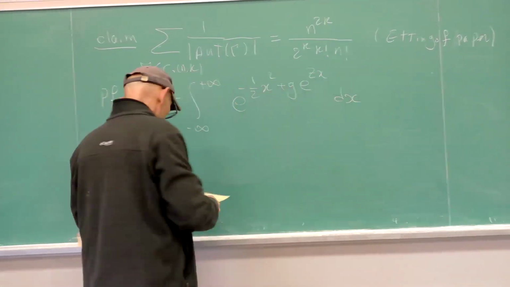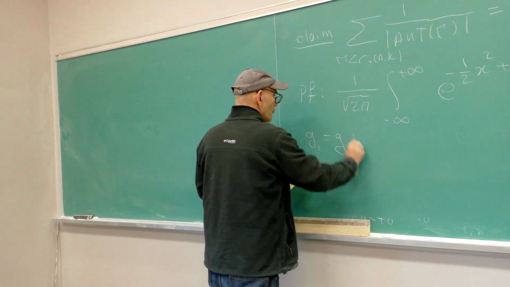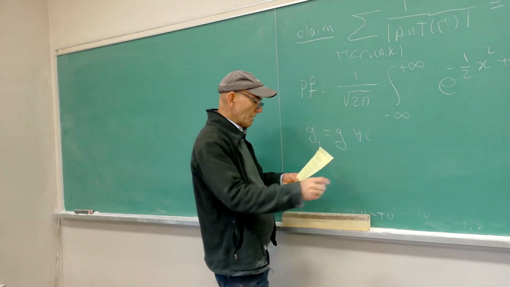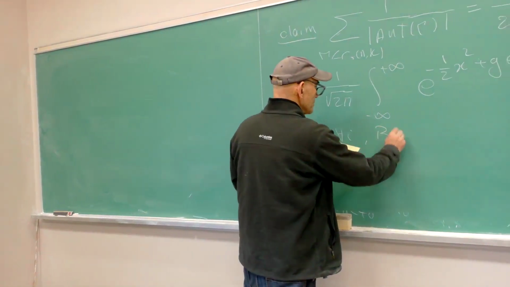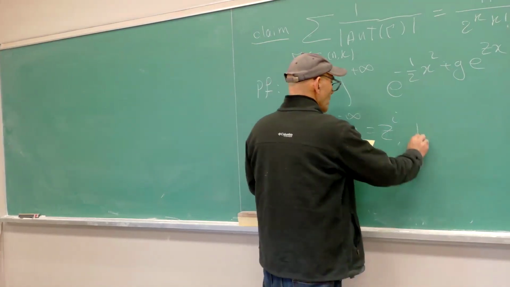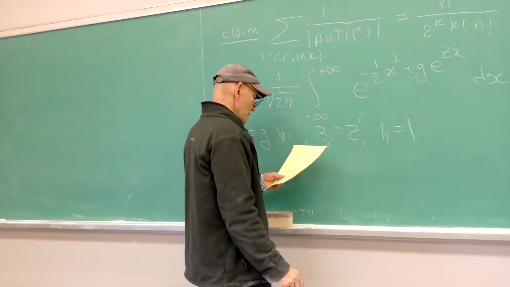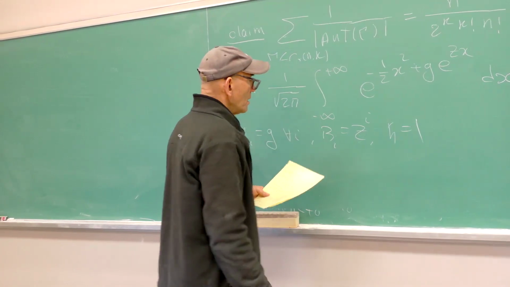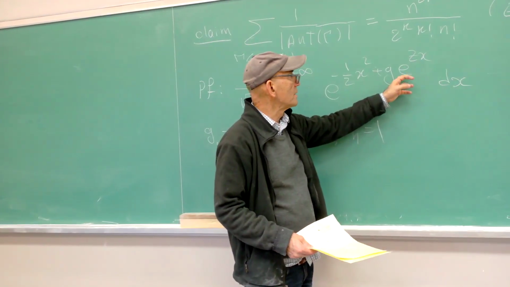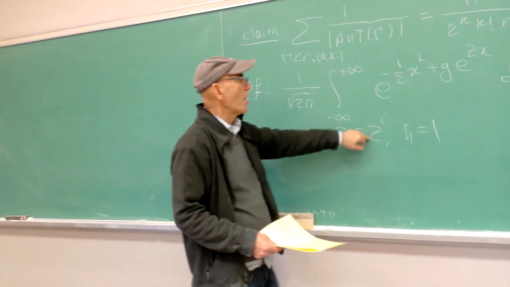Here, g_i is equal to g for all i, and b_i is equal to z to the power i. h bar is equal to 1. You can expand this in terms of powers of this term, and then you get that all g_i are equal and b_i are z to the power i.